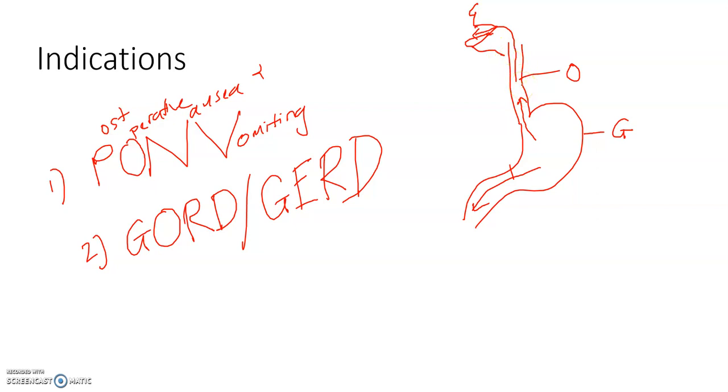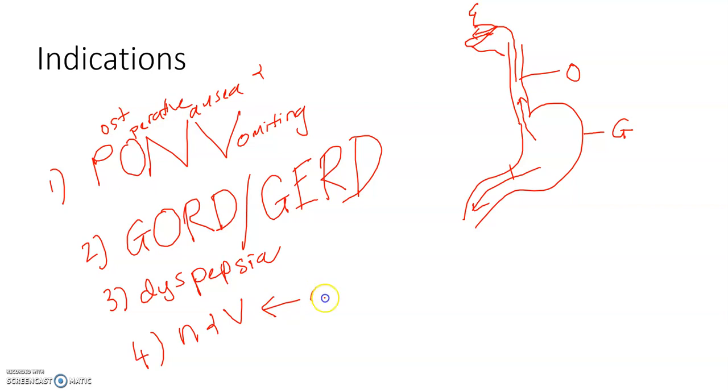And also we can have dyspepsia, a feeling of discomfort in your abdomen, indigestion. It's also used for nausea and vomiting caused by drugs used for cancer treatment, cytotoxics, or radiotherapy.